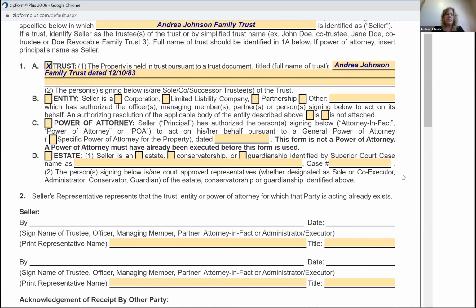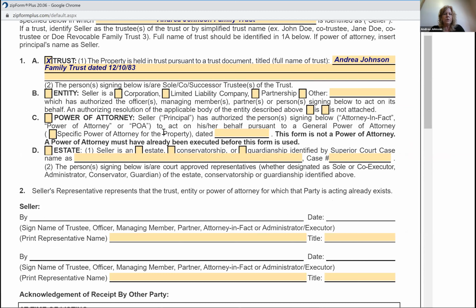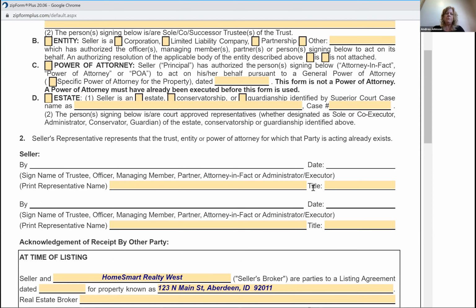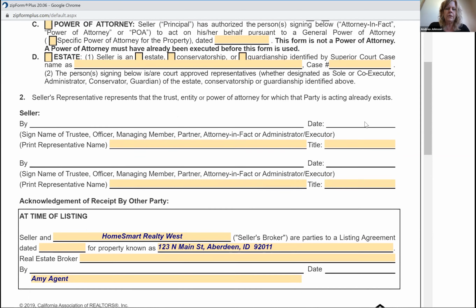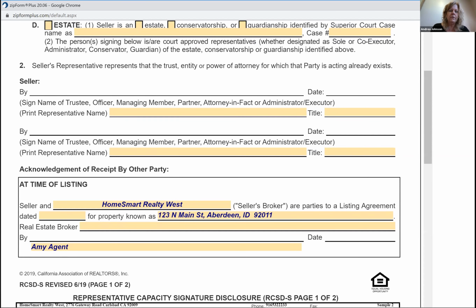Obviously, if it were an entity like an LLC, you would check that box and check the appropriate box. It could be a power of attorney, or it could be an estate, conservatorship, guardianship, and then you would be putting in the court case number that named the person whose the property is being sold on behalf of.